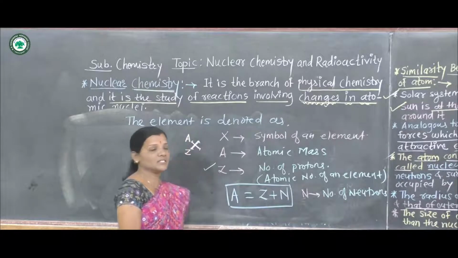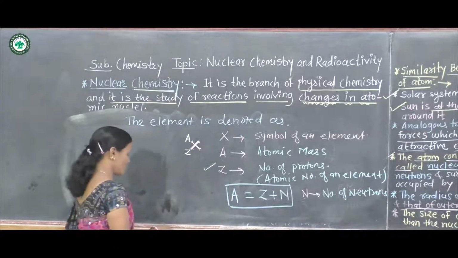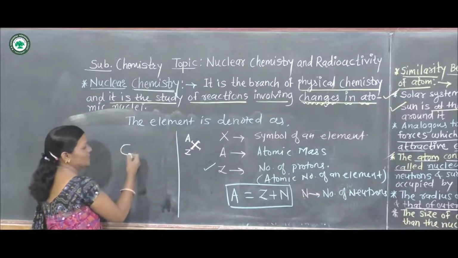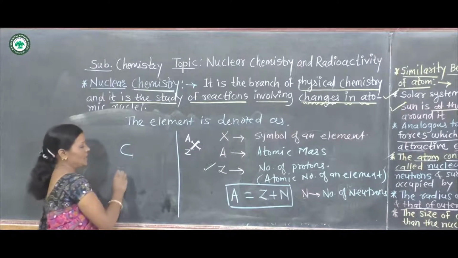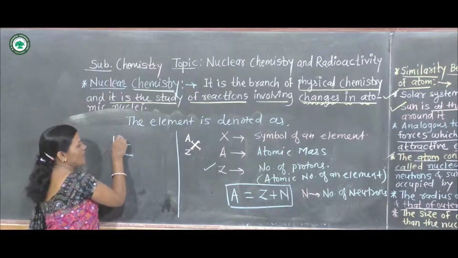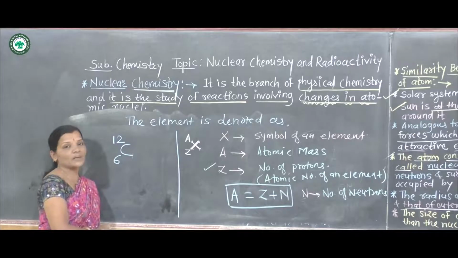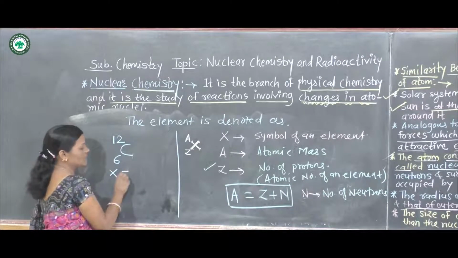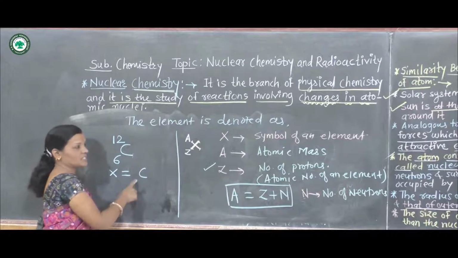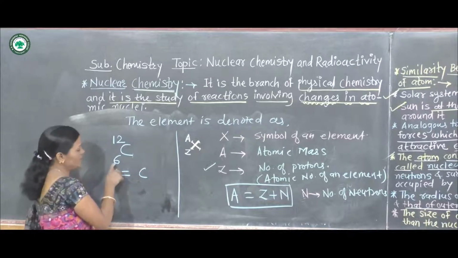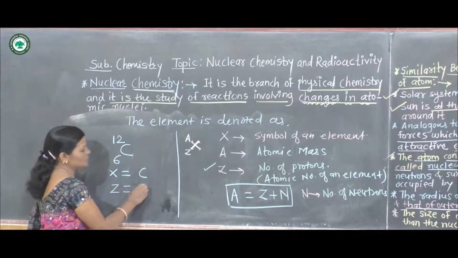Now for example, we can represent the carbon element. Its atomic number is 6 and the mass number of carbon is 12. That means X is carbon, the symbol of carbon is capital C, and Z is equal to 6.